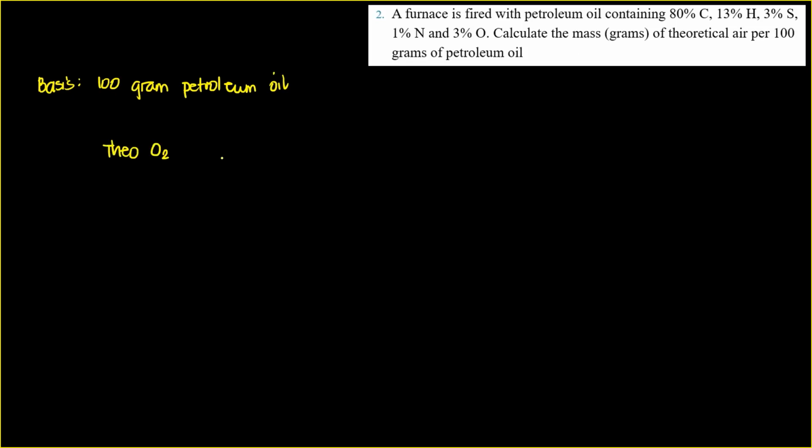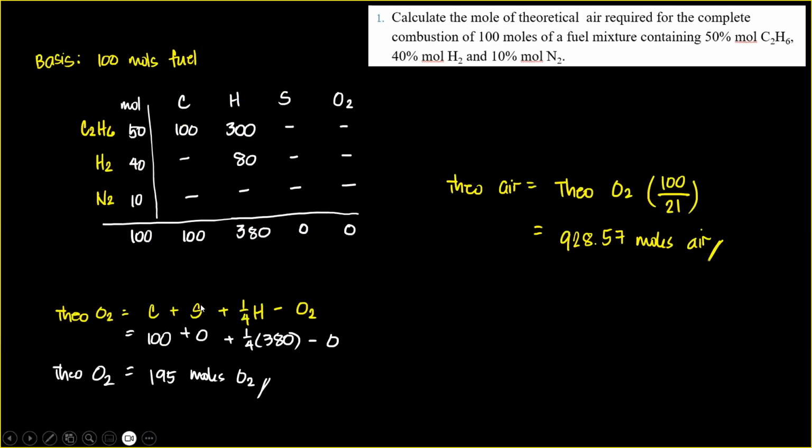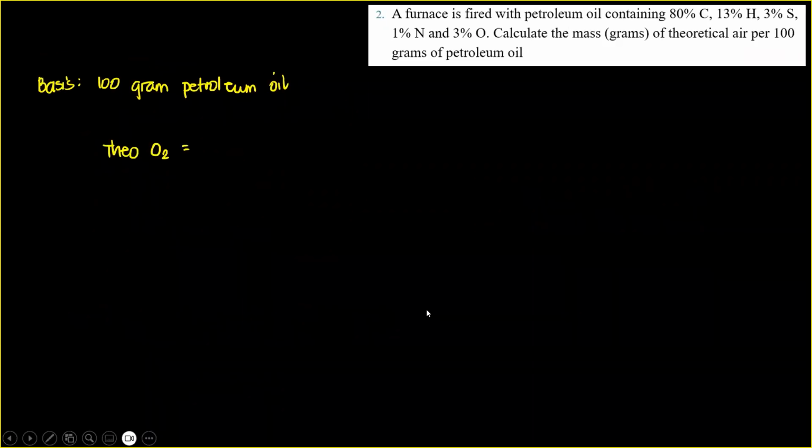So with this, what's the formula for theoretical oxygen if we are dealing with molar masses, with the masses? Can anyone remember? The formula that we have here is if it's given in terms of moles, but I'm giving you in terms of masses. Is that it? Percentages times mass?